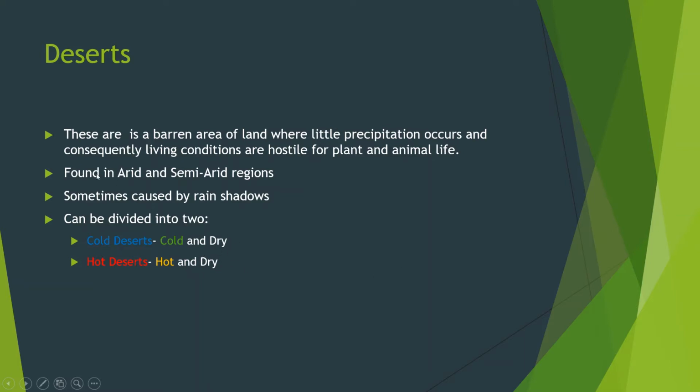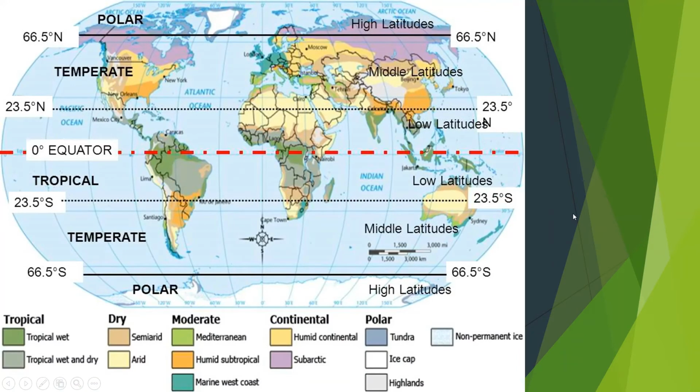Okay, so this is the distribution of deserts based on climatological conditions. So we have the arid and semi-arid. We have here the temperate portion, middle latitudes, and the low latitudes.